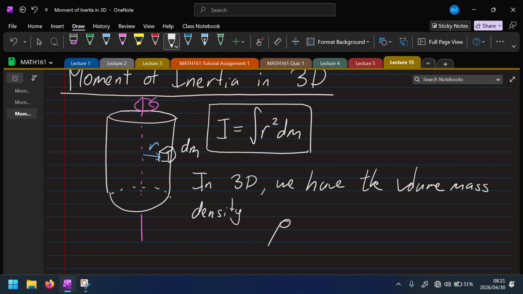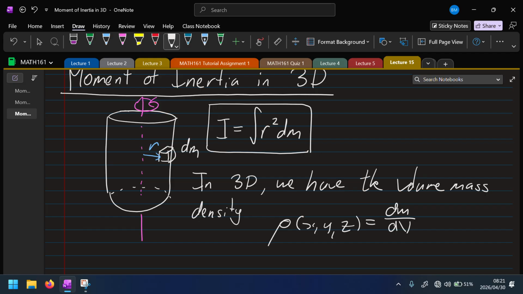It could be different throughout the shape. So rho of x, y, z. It depends where you are in the shape there, and this is going to be dm by dV. A little bit of rearranging like we did a little bit ago.